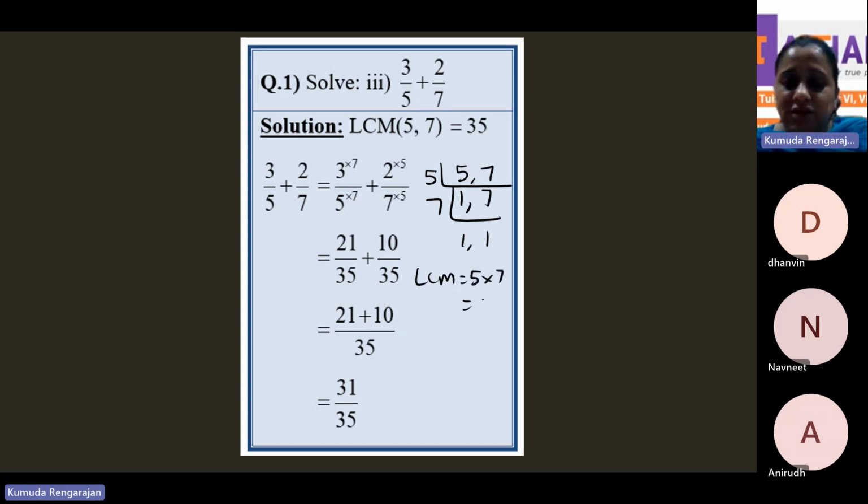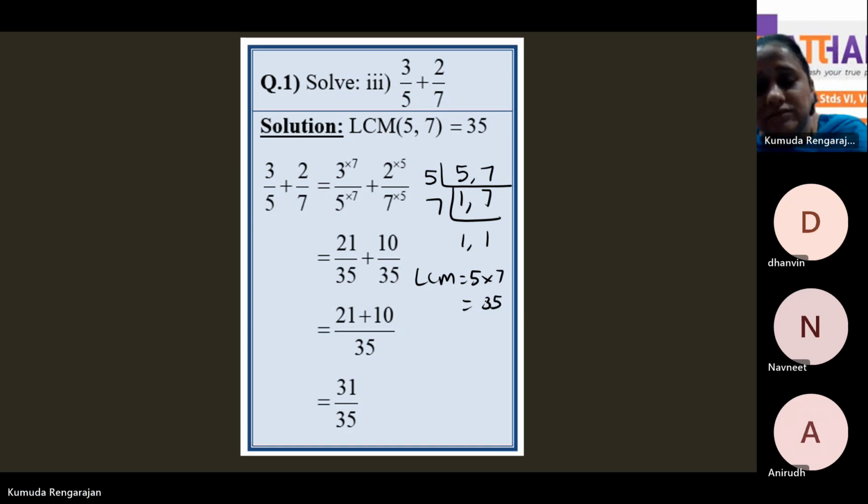Do you all know this method, children? Please answer me. Navneet and Anirudh, do you know how to find the LCM of 2 or more numbers? Yes, ma'am.